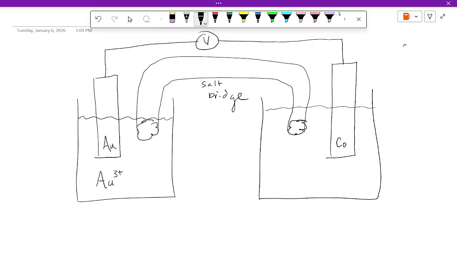And then we make sure we have our ions. And if you're ever wondering which is the cathode and which is the anode, you're going to make sure you look at your data booklet.